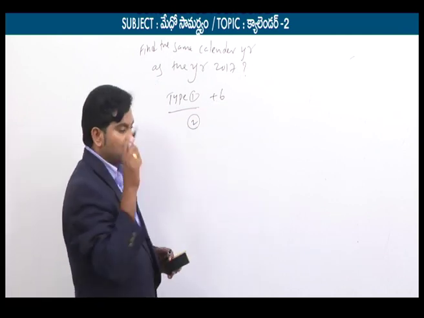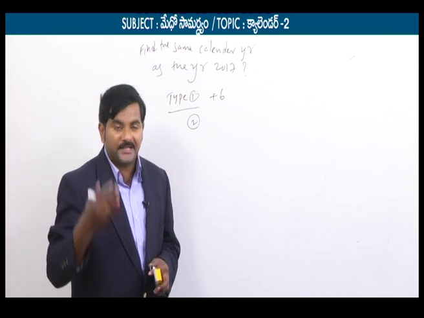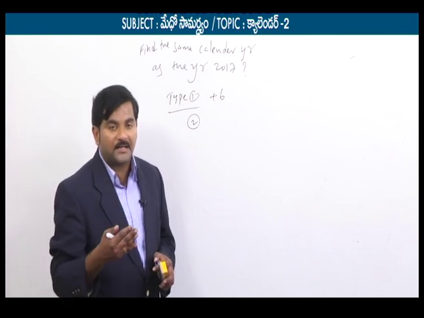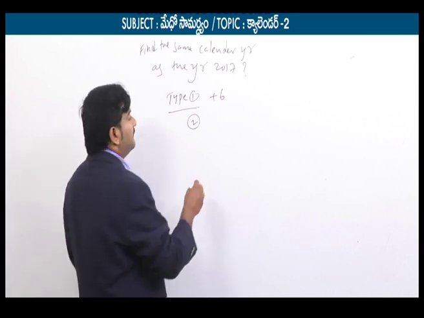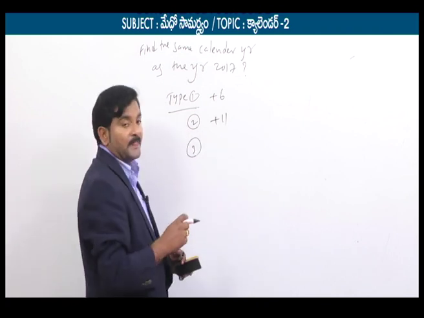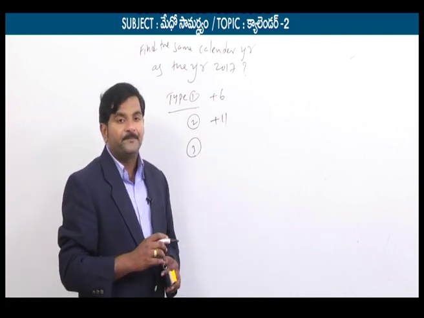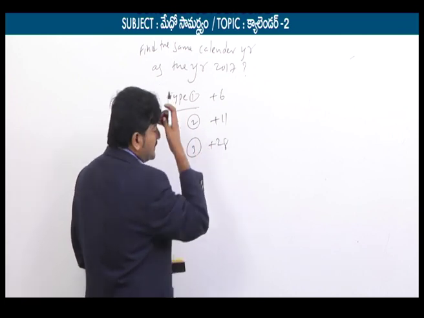Second point, to get the same calendar year as the years which is second and third years after leap years, we need to add simply +11. To get the same calendar year as the leap year, simply we need to add +28.